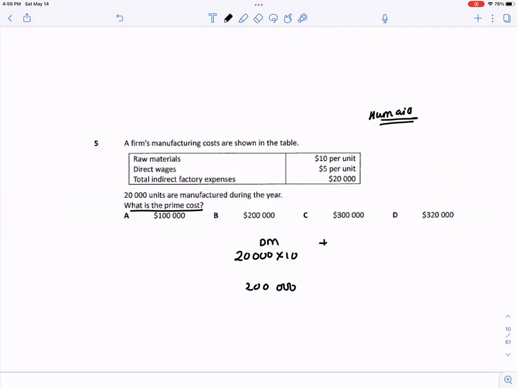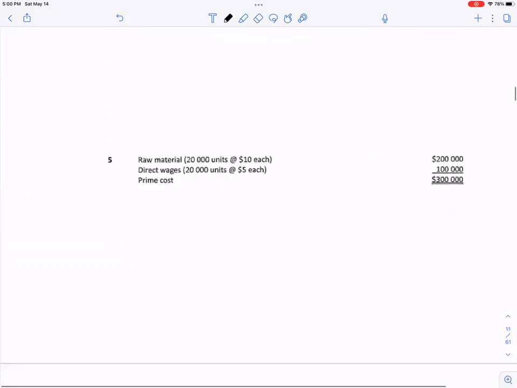So that is the only direct material. So 200,000 plus 20,000 multiplied by 5. Only prime cost we have to calculate. Direct labor, so can I do directly 15 into 20,000? Which is C, 300,000.